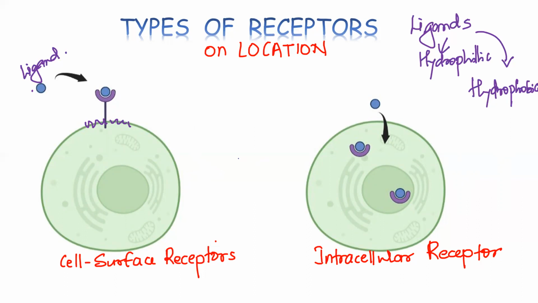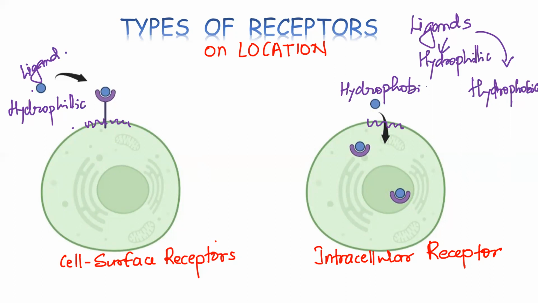That is the reason the receptors for hydrophilic ligands are not in the interior of the cell but on the exterior, on the surface of the cell. So depending upon the ligand type, the receptor location can be very crucial. In the second diagram, the ligand molecule is passing through the plasma membrane and entering the cell. As I just mentioned, for a molecule to enter the cell, it requires some type of hydrophobicity.